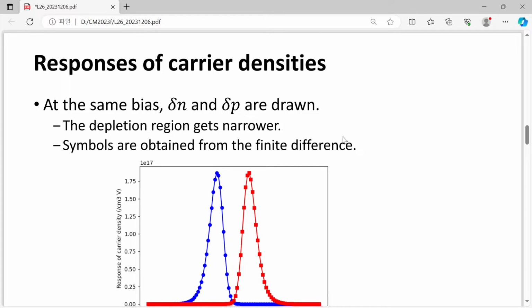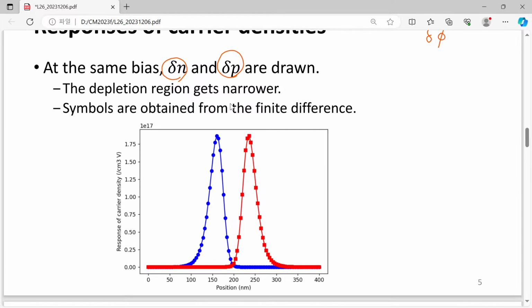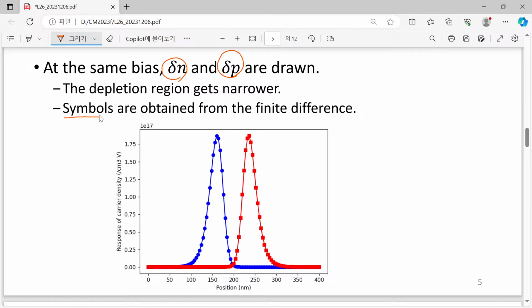In the previous slide, we have shown delta phi. And now we are looking at delta n and delta p. And this one gives you another comparison. Once again, symbols are obtained from the same setting.